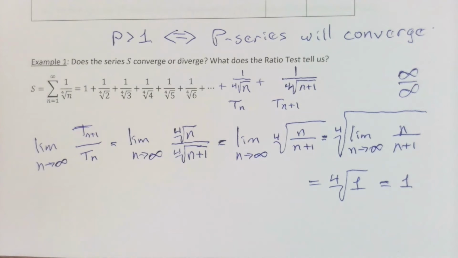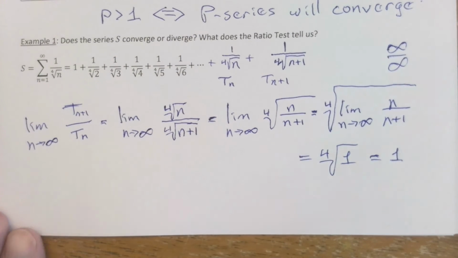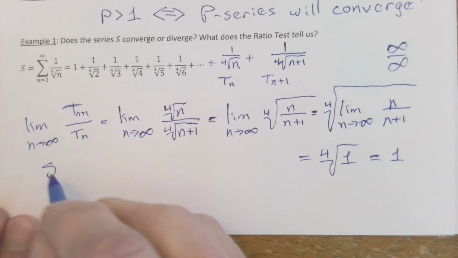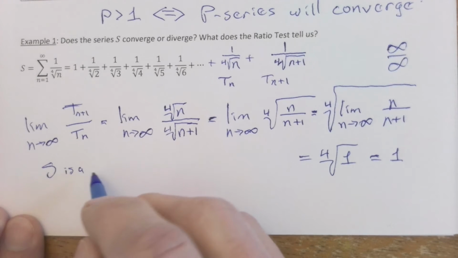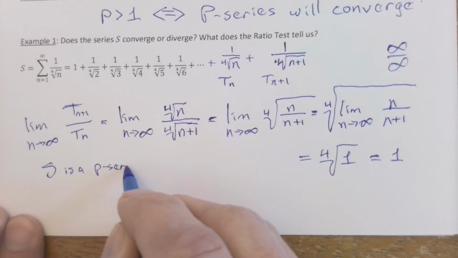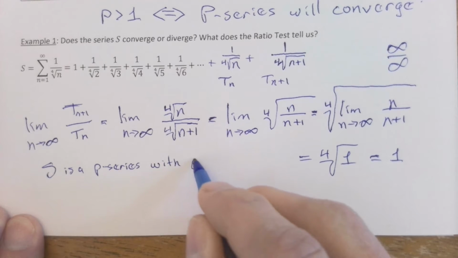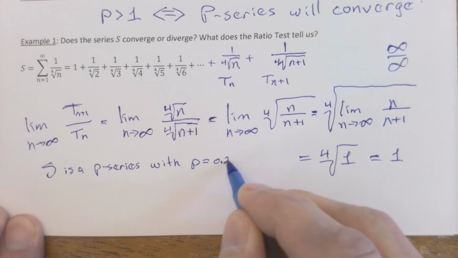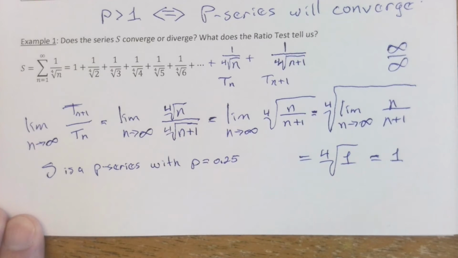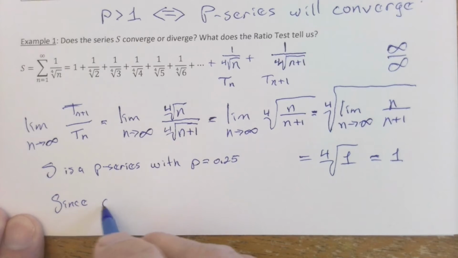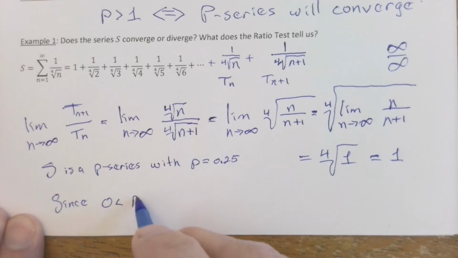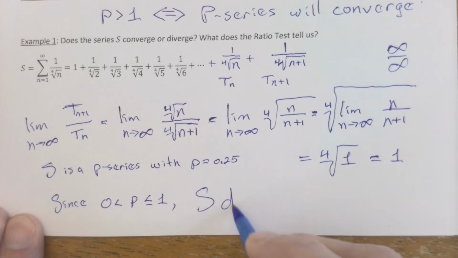Yes, this is a p-series, and p equals 1/4. So S is a p-series with p equals 1/4, or 0.25. Well, since we have 0 less than p less than or equal to 1, S diverges.